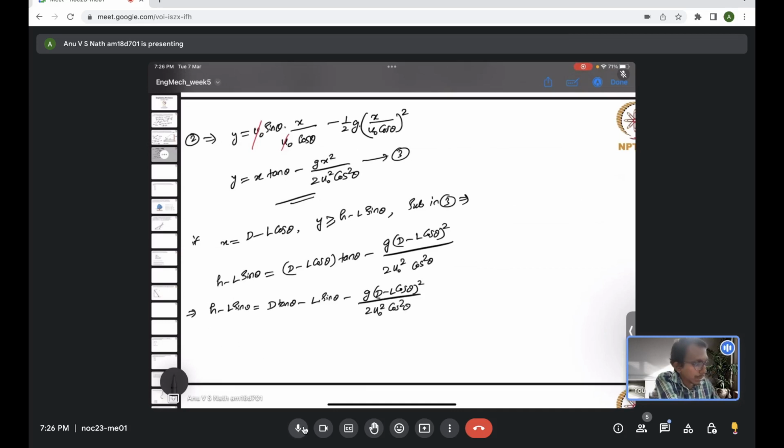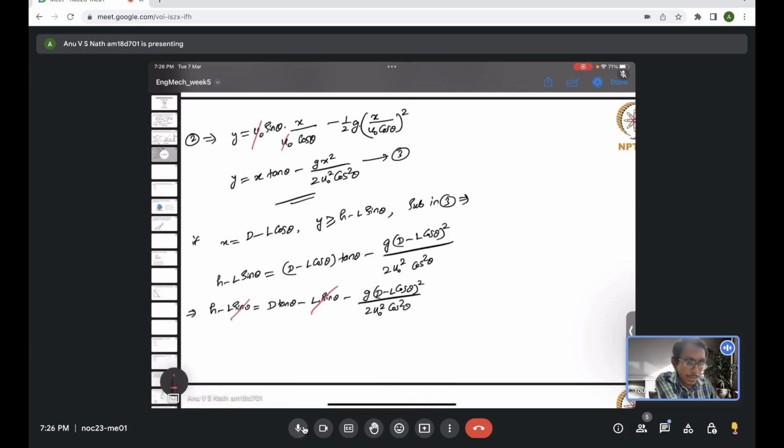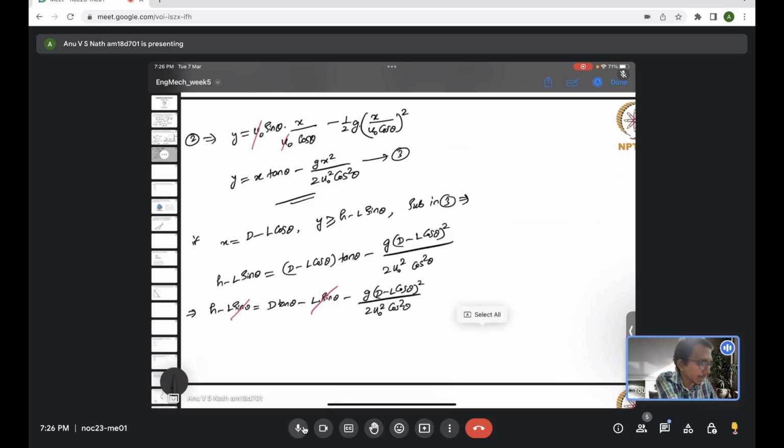Now on the left hand side, we have a minus L sin theta. On the right hand side also we have the same term. We'll just cancel them and rearrange. We'll get g into d minus L cos theta the whole square by 2 u0 square cos square theta, which we bring to the left side, and we'll bring the h to the right hand side. So it's d tan theta minus h.